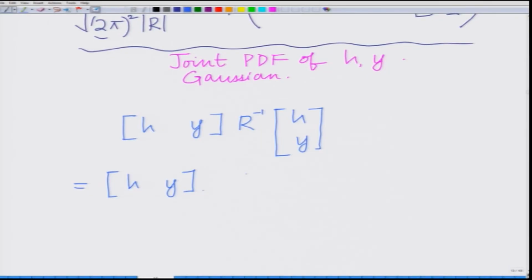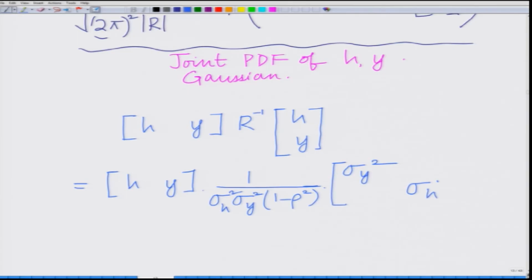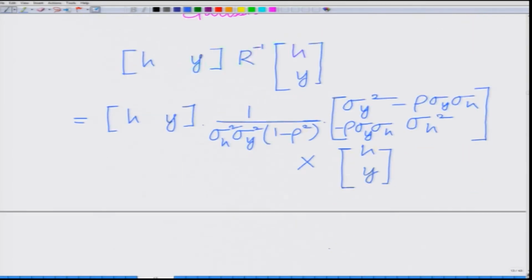We know that R inverse is 1 over the determinant of R, which is sigma h square sigma y square into 1 minus rho square, times the matrix sigma y square, minus rho sigma y sigma h, minus rho sigma y sigma h, sigma h square, times the column vector h, y.